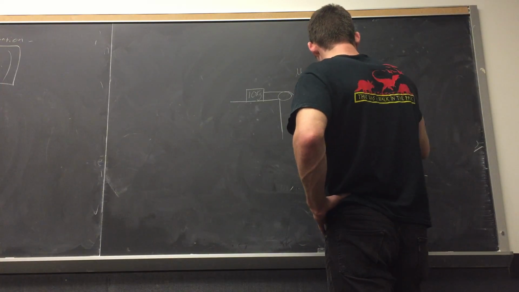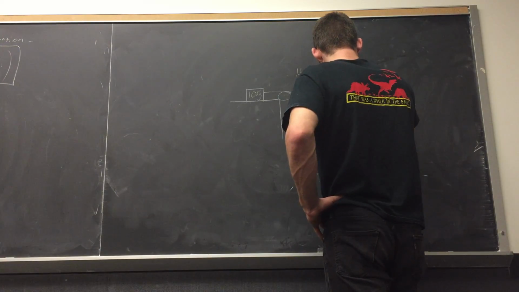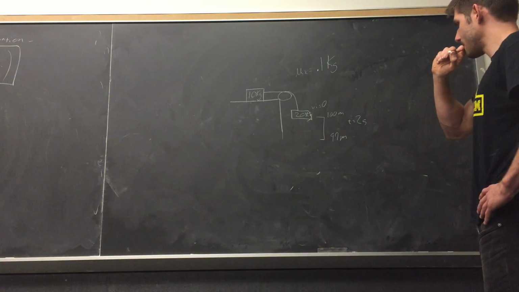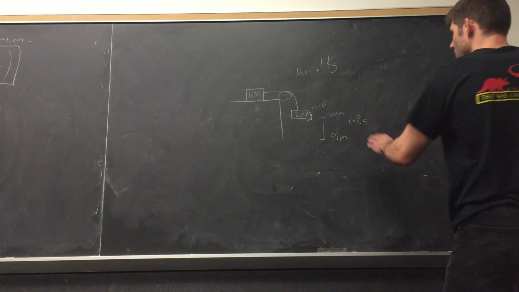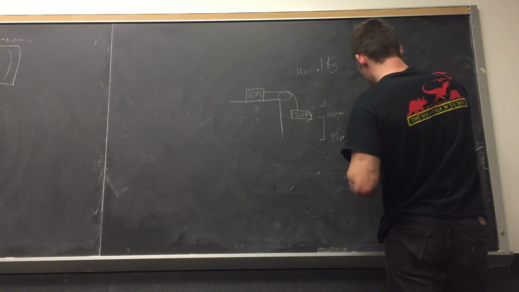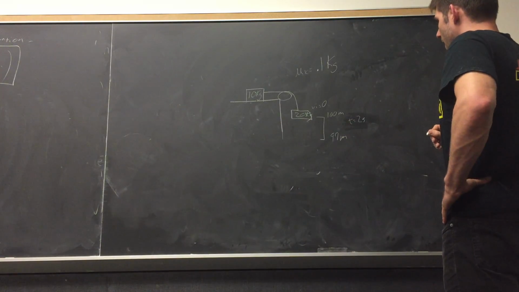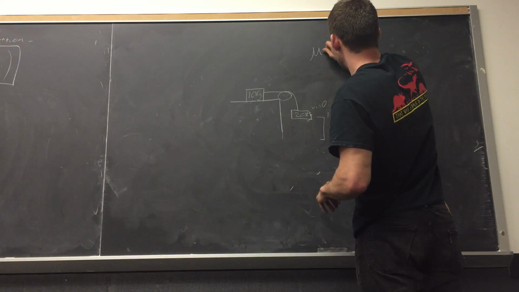It makes this fall in 2 seconds. Actually, I do want to give you that: t equals 2 seconds. Okay, so I want to know mu. That's my question. What is mu?